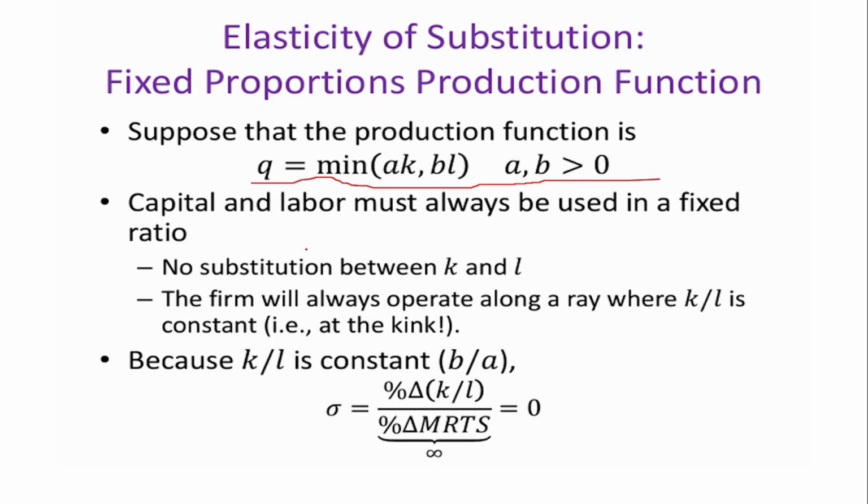As we see in the graph, these inputs are not substitutable, or there is no substitution between K and L. The firm always operates along a ray where K/L is constant. Based on this reason, K/L is constant, that means sigma might be 0 because the MRTS is infinity.